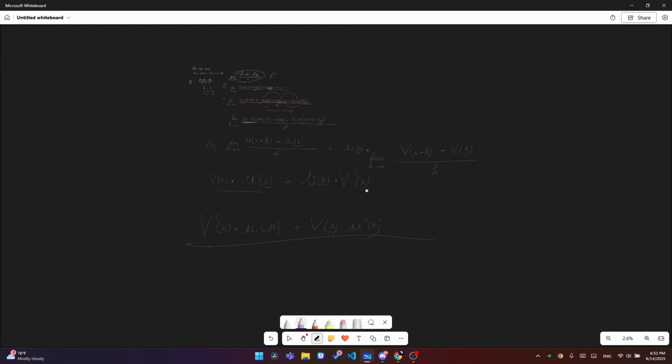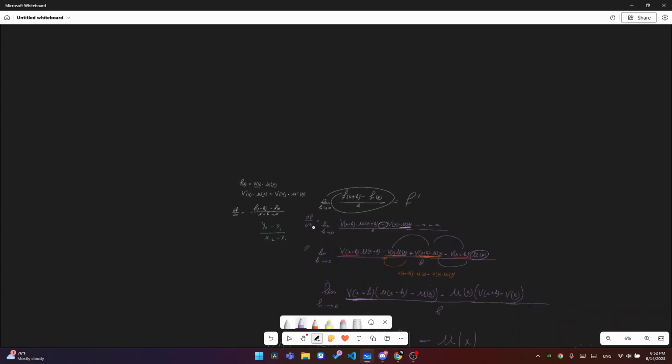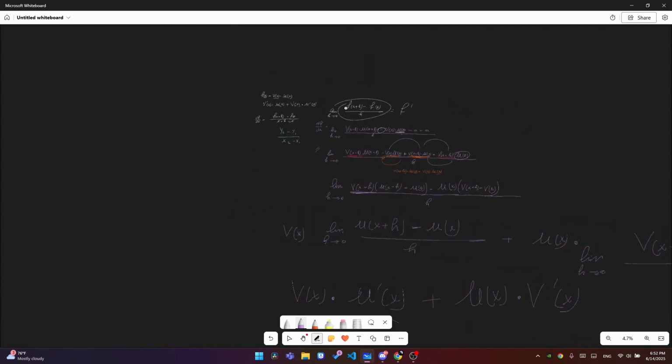And that's pretty much it. So again, this is the product rule. Thankfully we found a derivation of this a long time ago, so that we don't have to use these.